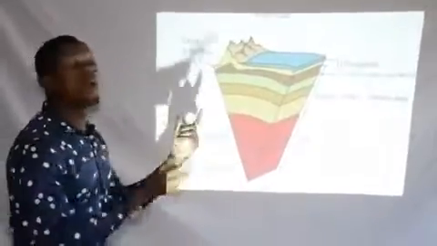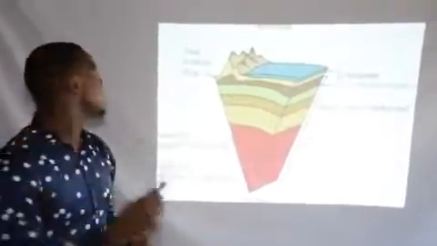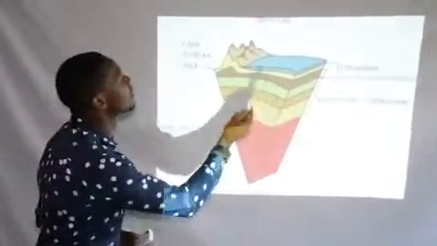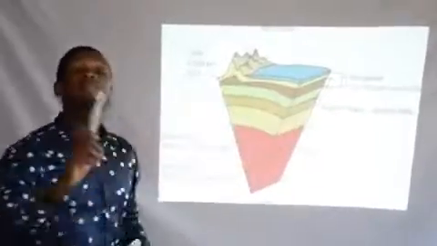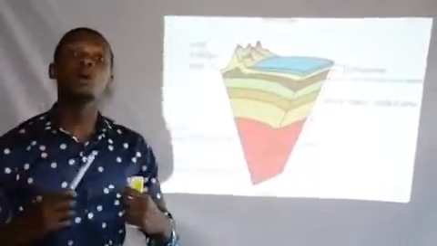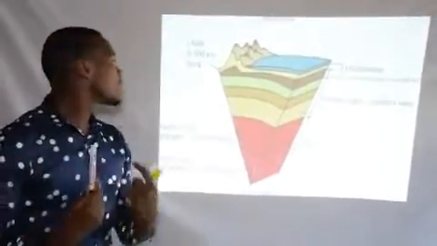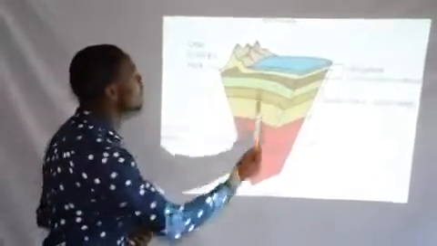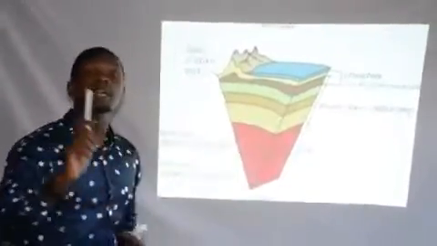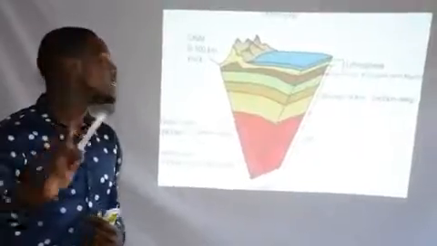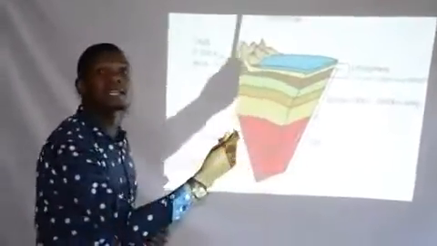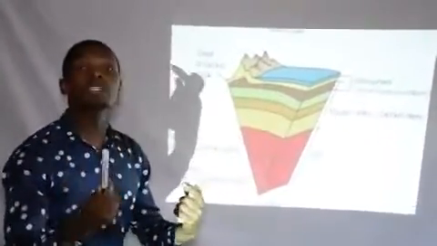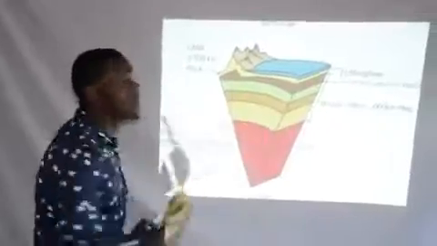The boundary separating the crust and the mantle is called the Moho discontinuity. The boundary separating the mantle and the core is called the Gutenberg discontinuity.